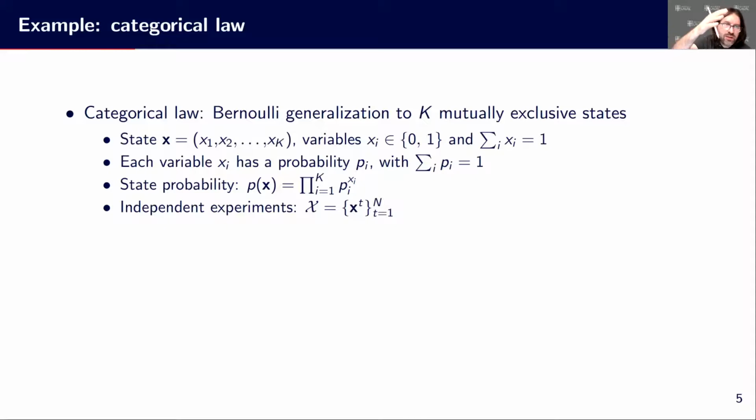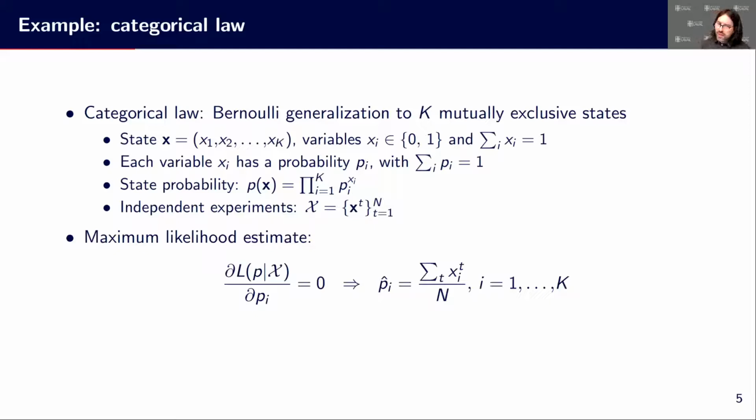So it will mean that the state x will be 0, 0, 1, 0, 0, 0. For example, sample 2, maybe from category 1, will be 1, 0, 0, 0, and so on. So it's a way to represent something that is coming from one category among several categories, among k categories.